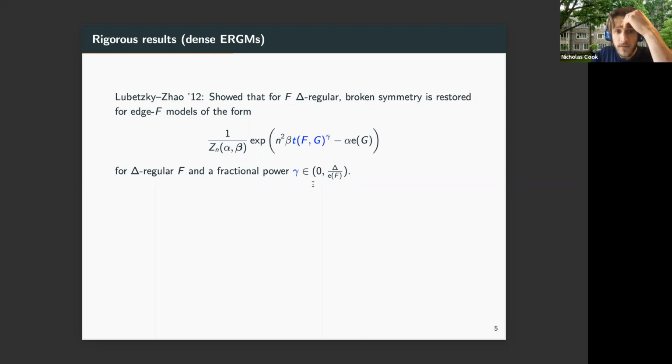So they were able to show that if you raise this function to some fixed power between 0 and the max, or the degree divided by the number of edges, then samples will no longer look like Erdős graphs, but they'll actually have some non-trivial structure. They didn't actually say what that structure is. They just proved that it doesn't look like Erdős. Okay, so this gives some hope, and we're going to explore this phenomenon further.